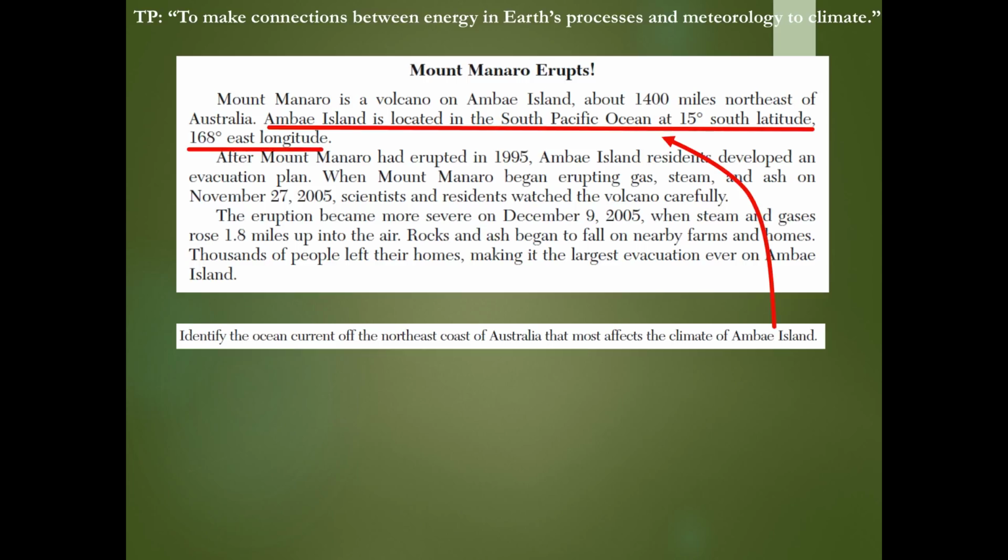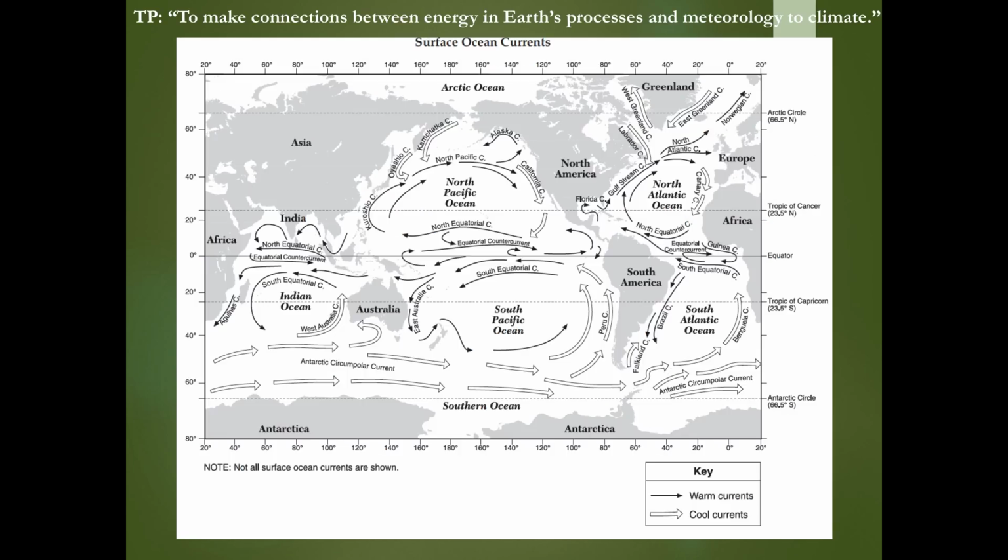Alright, so this island is found, according to the reading, at 15 degrees south latitude and 168 degrees east longitude. So we take that location and we go to the reference table. First of all, we're going to find 168 degrees east longitude, which is in the eastern part.